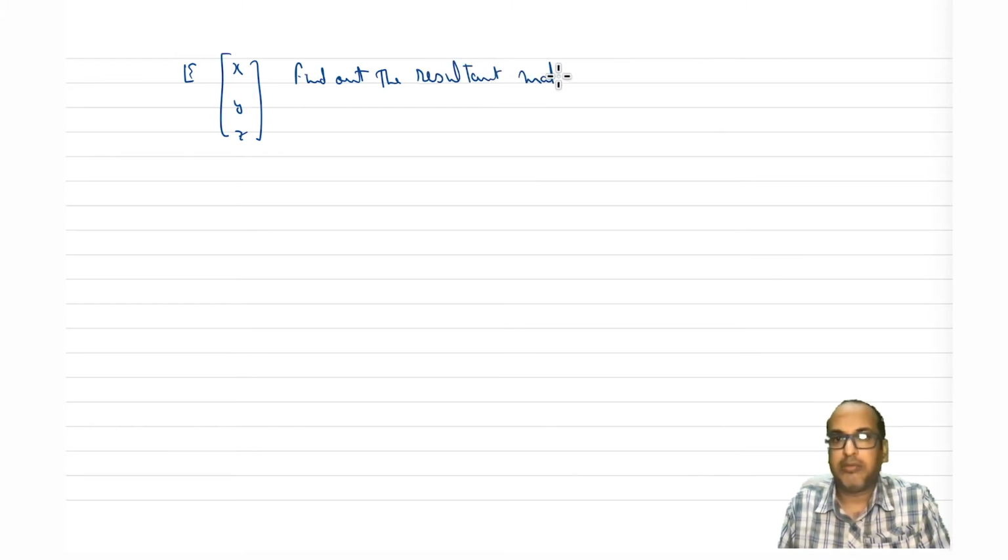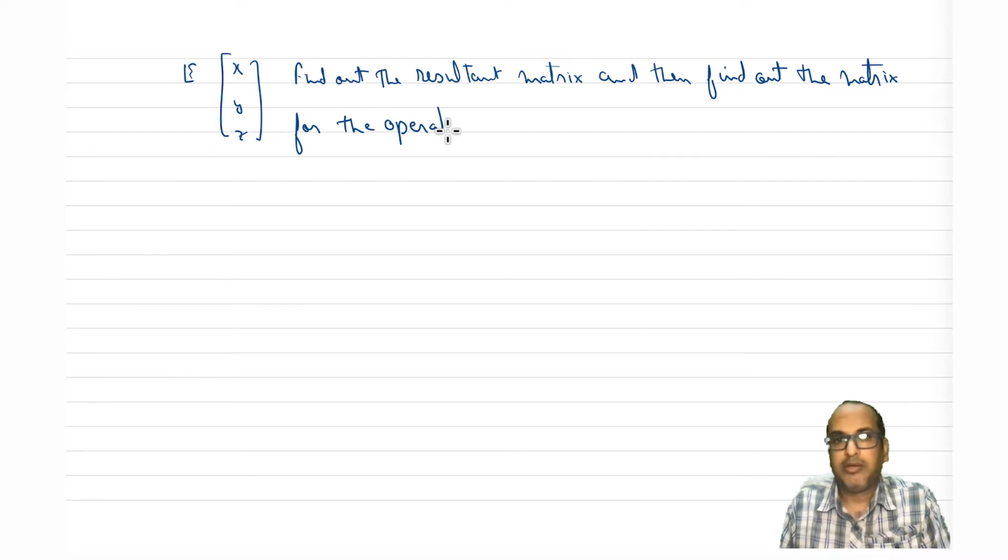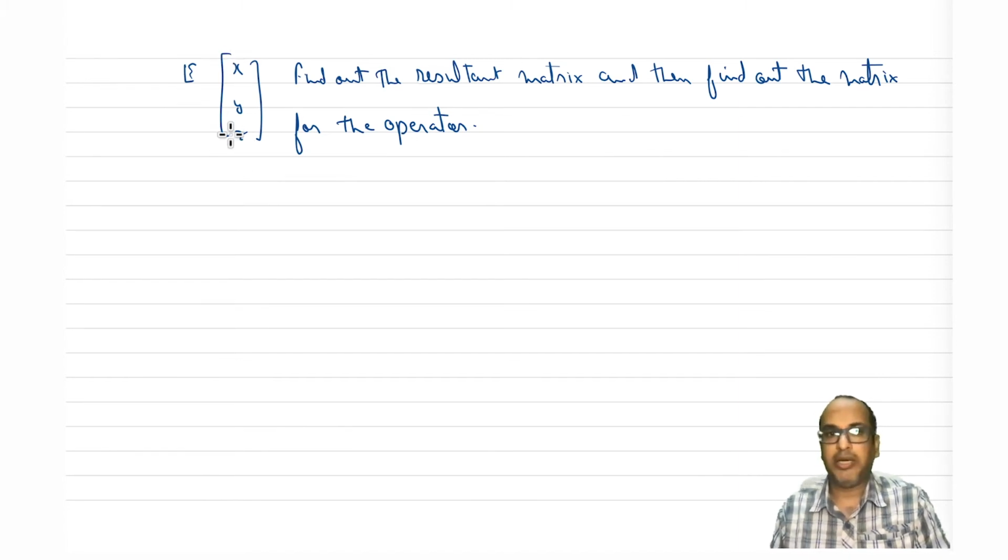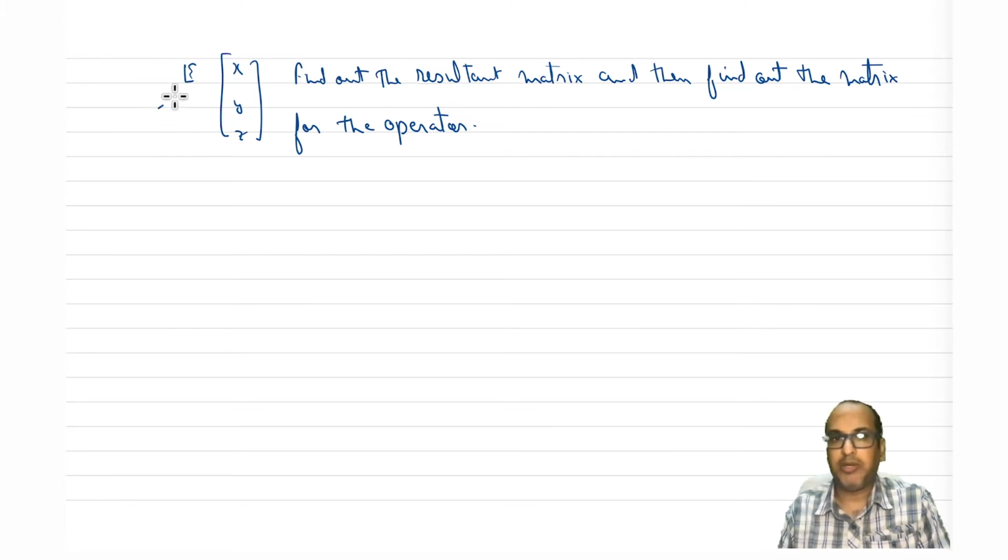Find out the resultant matrix and then find out the matrix for the operator. So this we have already seen. We can do it for E, C3, sigma V, any operation given. We can do it on the x, y, z matrix and then find out the resultant matrix, and that will help you find out what will be the matrix for the operator, right?